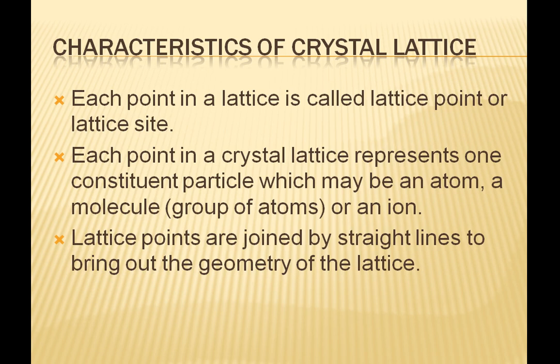Characteristics of a crystal lattice. In a crystal lattice, each point in a lattice is called a lattice point or a lattice site. Each point represents one constituent particle, which may be an atom, molecule, or an ion. These lattice points are joined together by straight lines, which gives the geometry of the lattice.